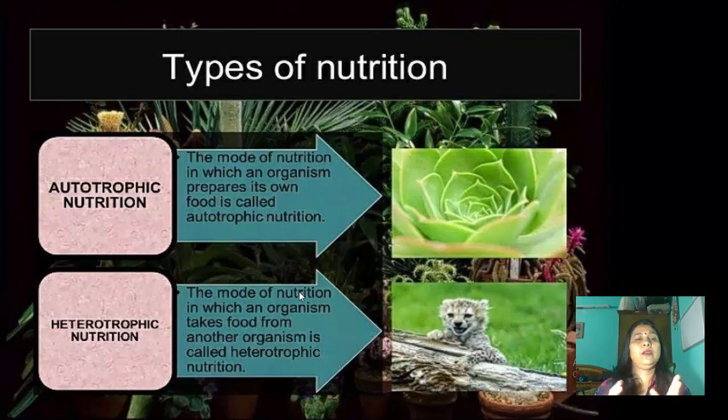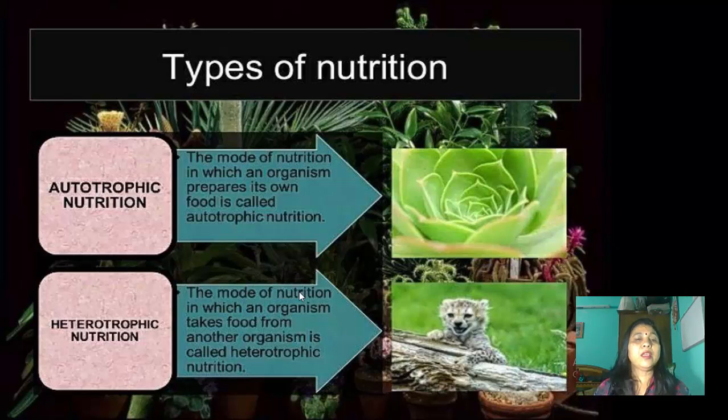Autotrophic is made up of two words, auto and trophic. Auto means self and trophic means nutrition. Trophic levels are there. So autotrophic means self-nutrition.